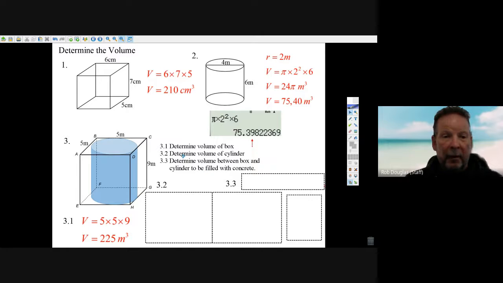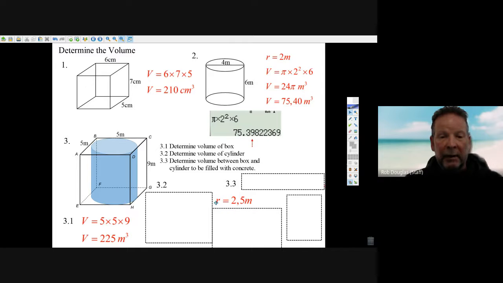Now determine the volume of the cylinder that fits exactly inside this rectangular prism. Well, to get the volume of the cylinder, we know that it's 5 meters all the way across the middle. The diameter is 5. So to get started with this one, we're going to need the radius, which is 2.5, half of 5.